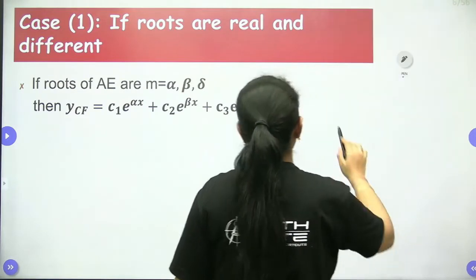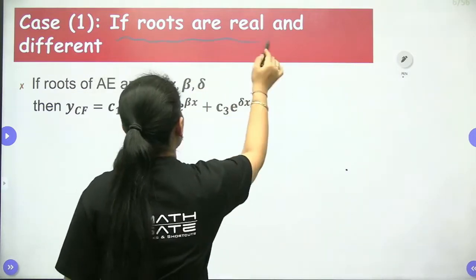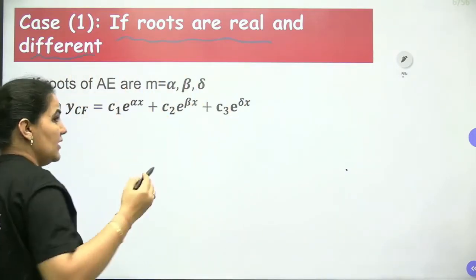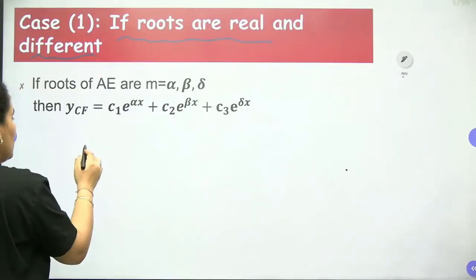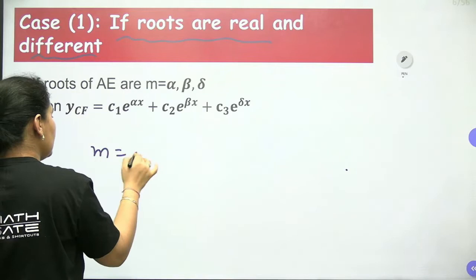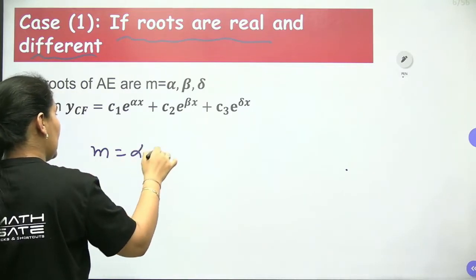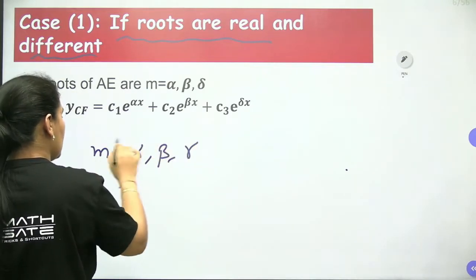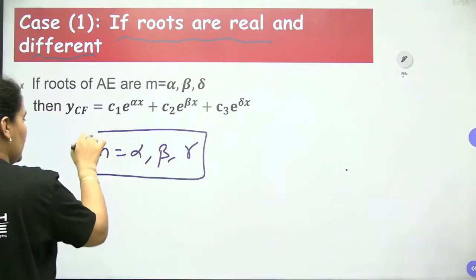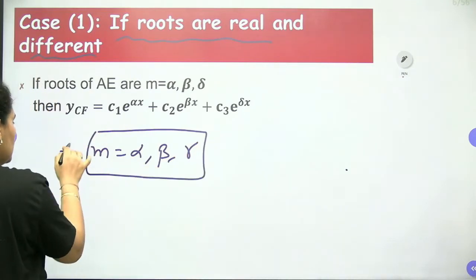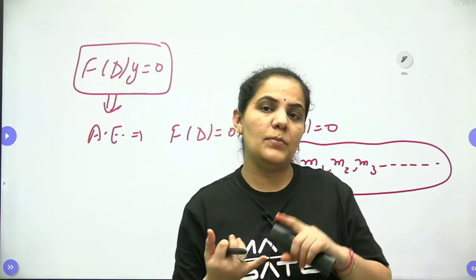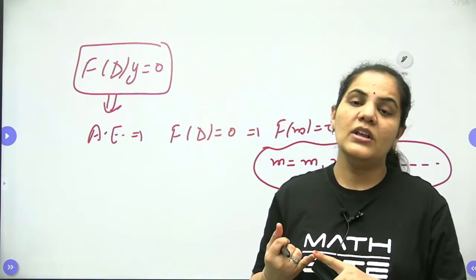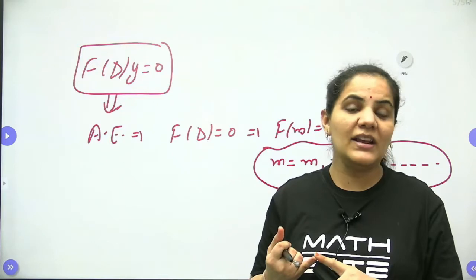We have the first case: if the roots are real and different. How is it possible? Say we have roots like alpha, beta, gamma, delta, whatever you want to write. When we find the auxiliary equation and put it equal to 0, from that equation we will get the roots.